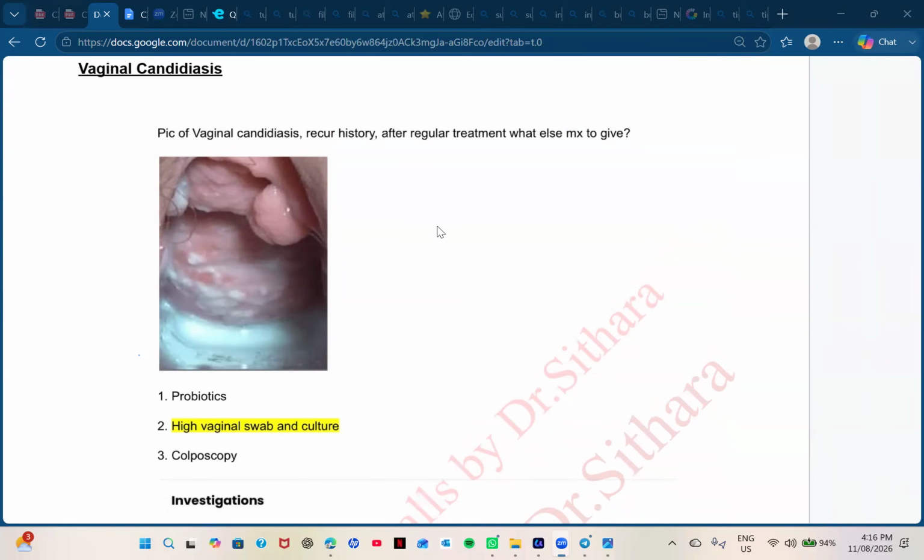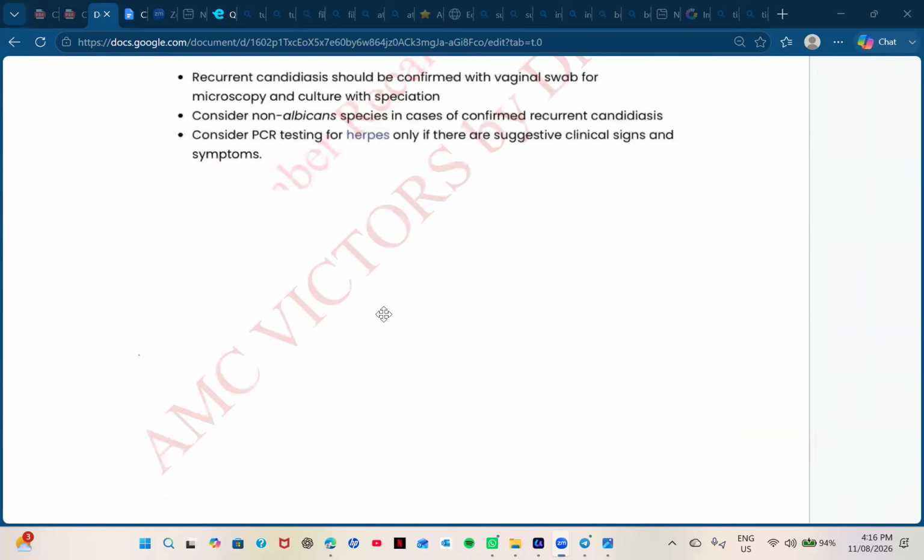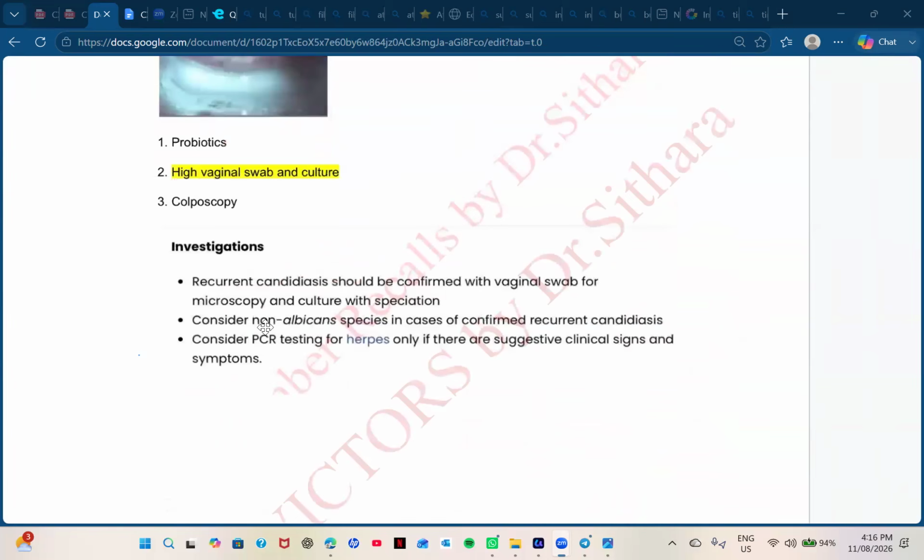Remember, these are very important points to differentiate between questions. Only for recurrent cases, or if you are considering non-albicans species, do you check with a vaginal swab. Otherwise, if it is a simple presentation, just start the treatment right away.